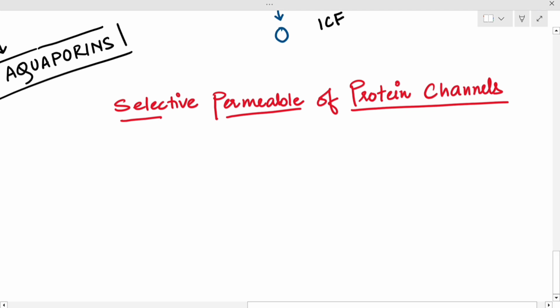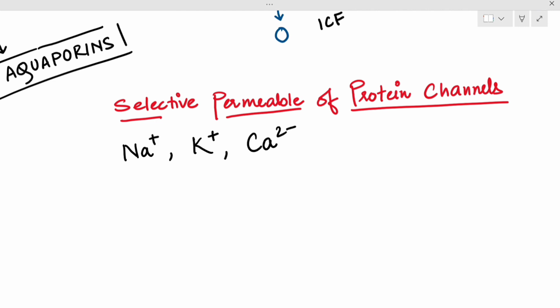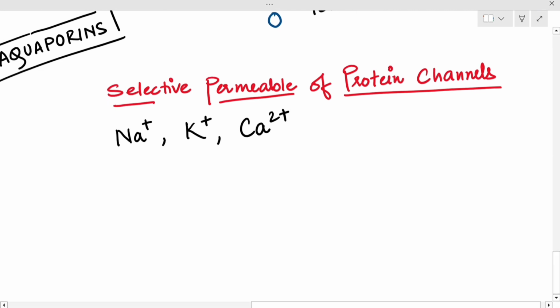Like sodium channel, potassium channel, calcium channel. So these are some channels which selectively permeate a particular type of ion from outside to inside. Okay.